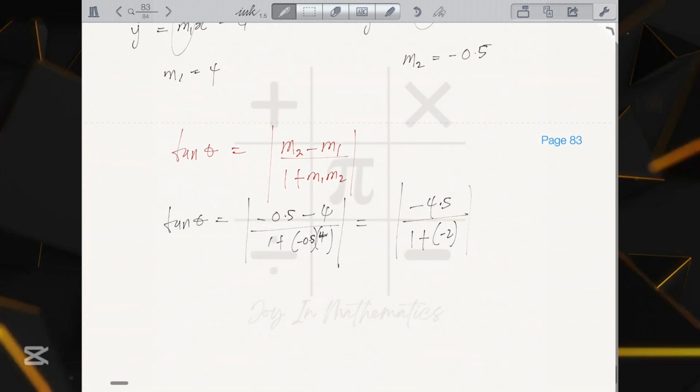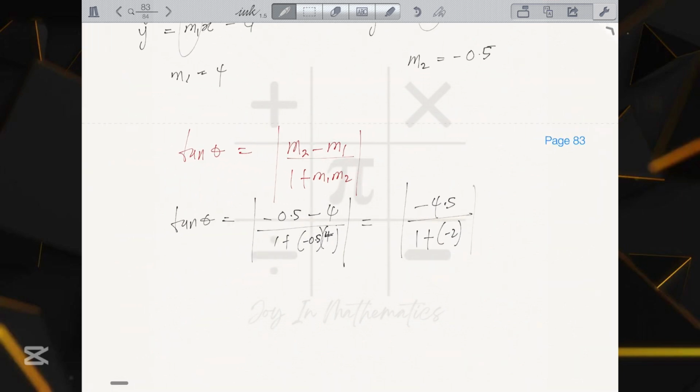So simplifying further, we have minus 4.5 divided by 1 minus 2. Therefore tan theta equals minus 4.5 divided by minus 1, which gives us 4.5. The modulus of 4.5 is 4.5.